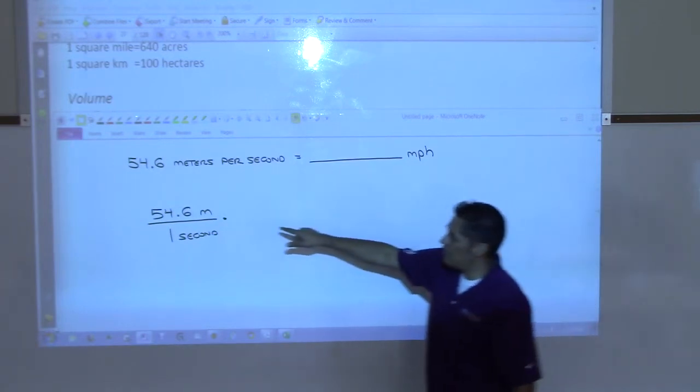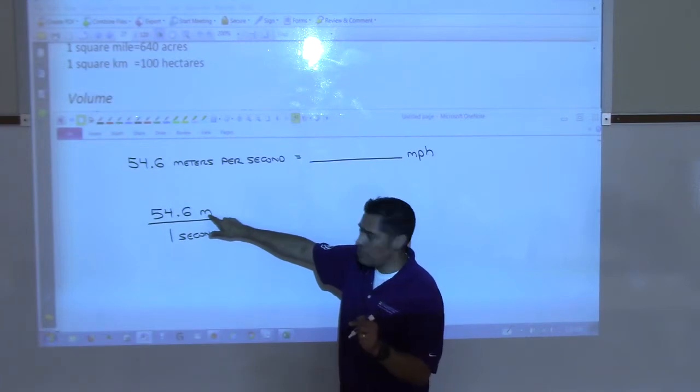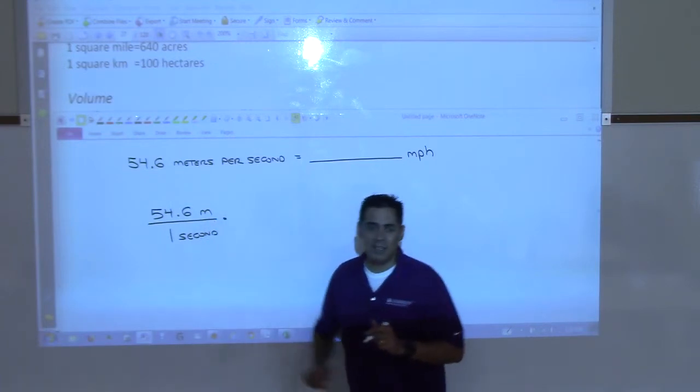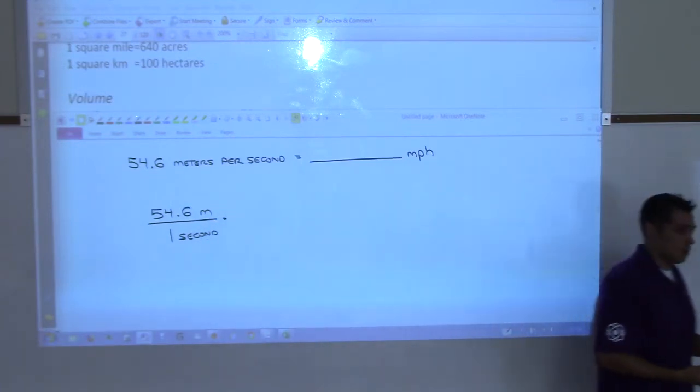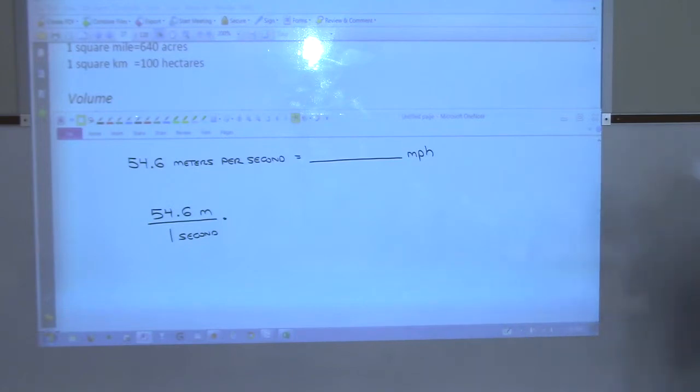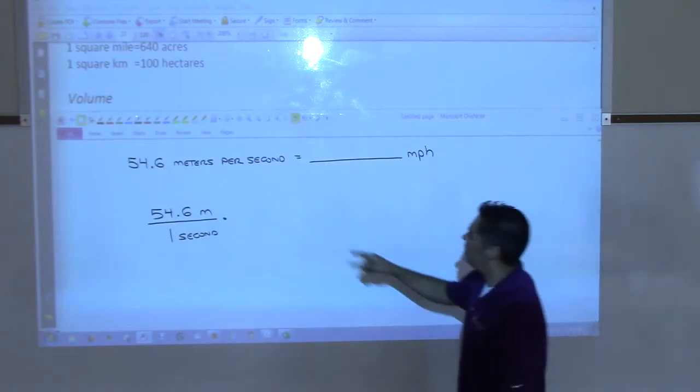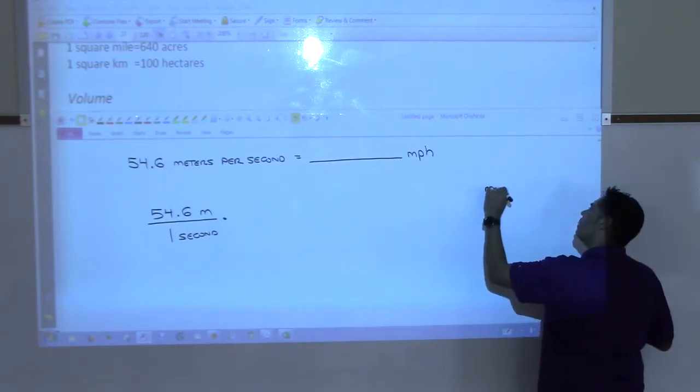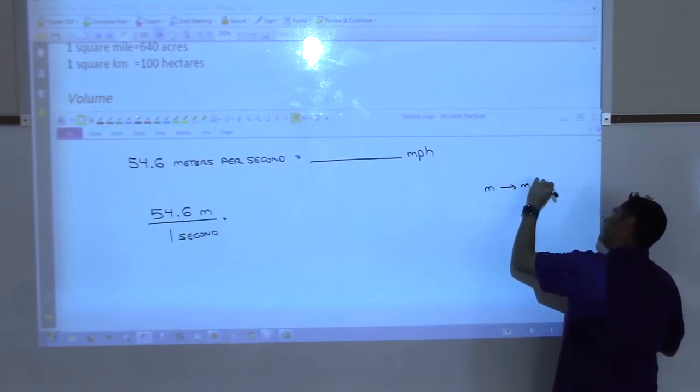The meters need to be turned into miles, and the seconds need to be turned into hours. So we have 2 things to deal with here at the same time. So let's start with the meters. How can we get from meters to miles?